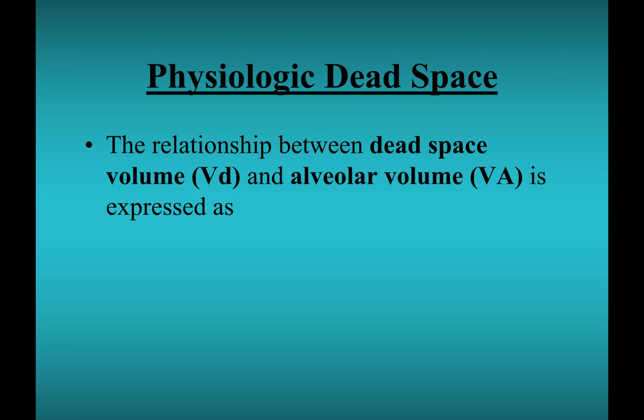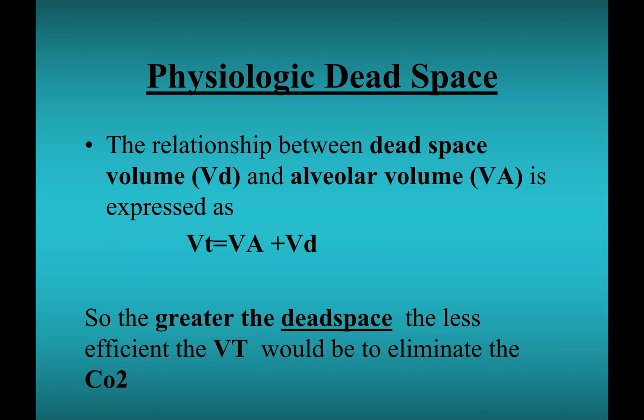But you may see V with a dot in the middle, A, expressed as physiologic dead space. And the equation for physiologic dead space is tidal volume equals alveolar volume plus dead space volume, okay? So the greater the dead space, the less efficient the tidal volume will be at eliminating CO2.